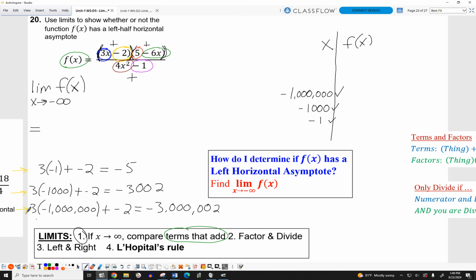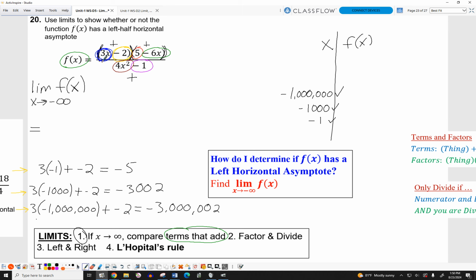We'll try, let's go Annie. I think that the first term becomes a lot more important because you're multiplying it by an increasingly bigger negative number. Perfectly said. As x becomes more and more negative, 3x becomes more and more dominant.